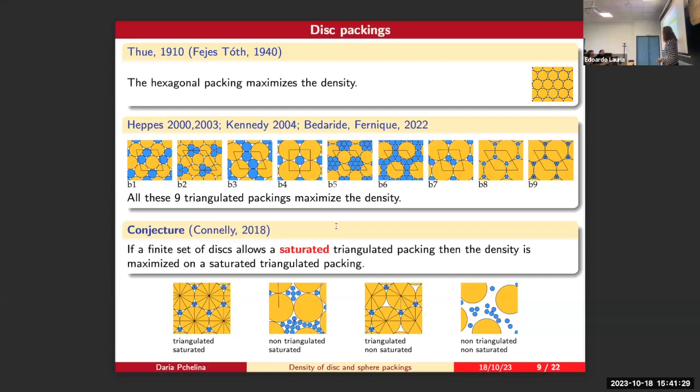So if you look at this corona, you know that they're all triangles formed by 3 pairwise tangent disks. And you know that here in the center, the sum of the angles of these triangles will be equal to 2 pi.